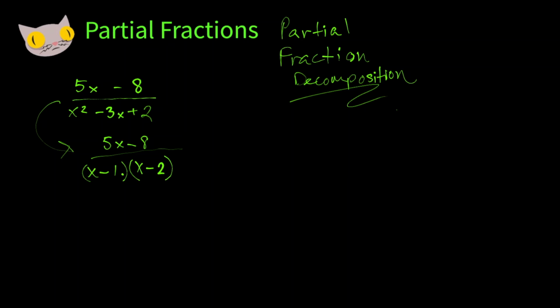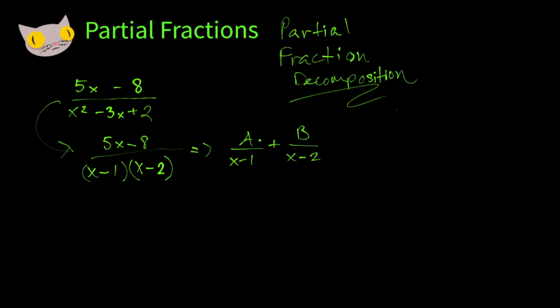We factored the bottom. And now we need to write one partial fraction for each of the factors. So that's going to look like this. We have A, B, these are just placeholders for the top. And then we put one of the factors here and one of the factors on the other side.